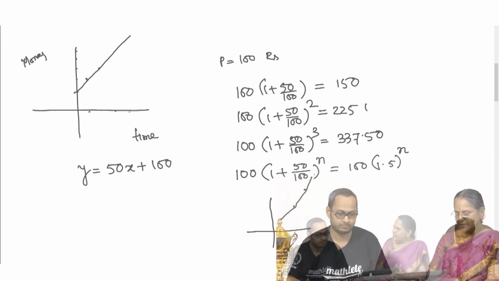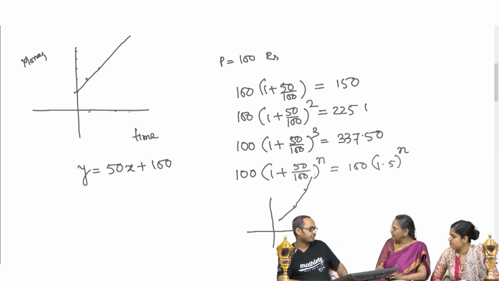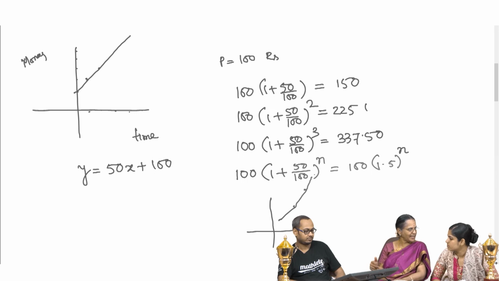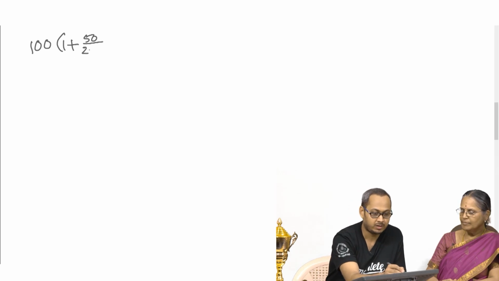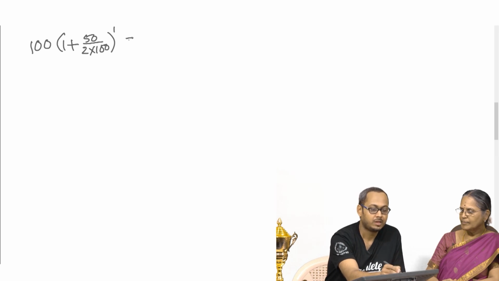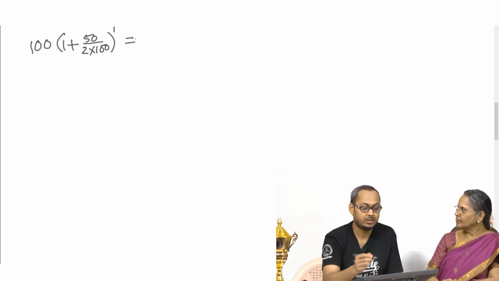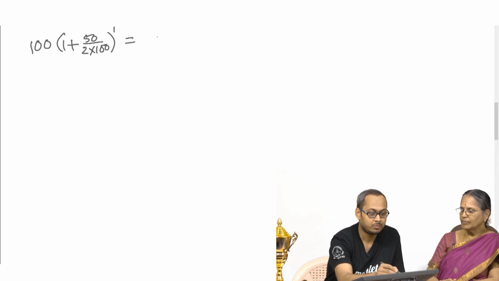Let us now look at the same amount of money, compounded at 50% per annum, but compounded every 6 months in a year. So here also our principal amount is 100 rupees. Now since we are calculating every 6 months, and 50% is the annual rate, there will be a factor 2 here, and so at the end of 6 months the amount will be about 125.